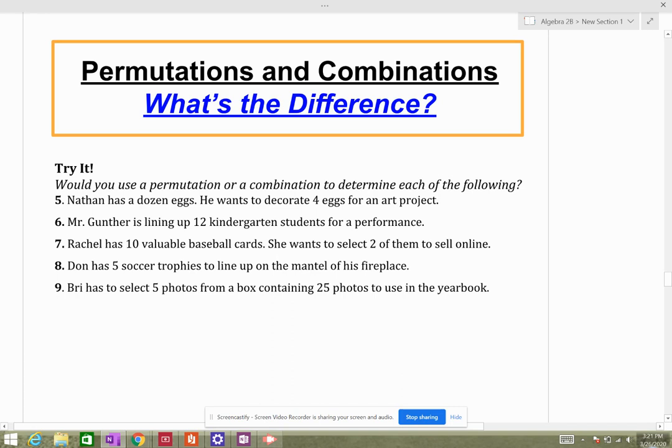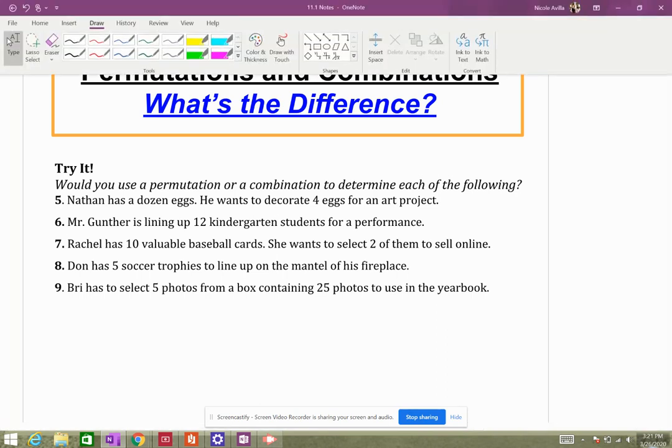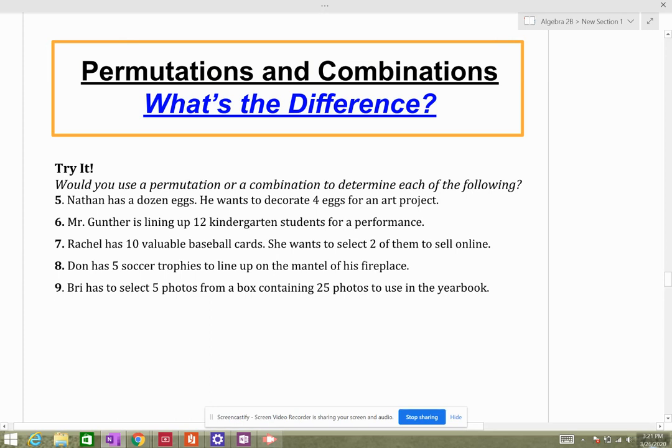All right, so number 5, Nathan has a dozen eggs, and he wants to decorate 4 eggs for an art project. We're trying to figure out, does it matter the order that he decorates them?